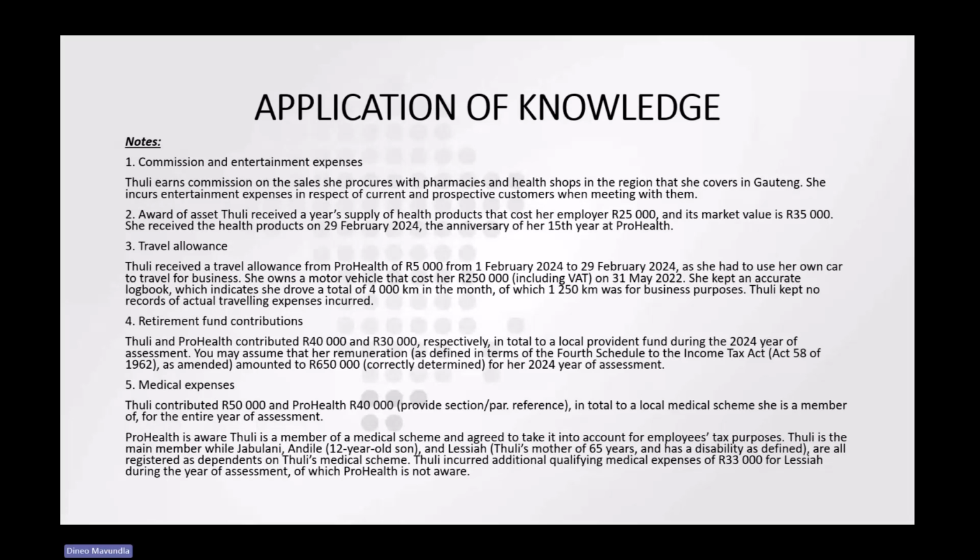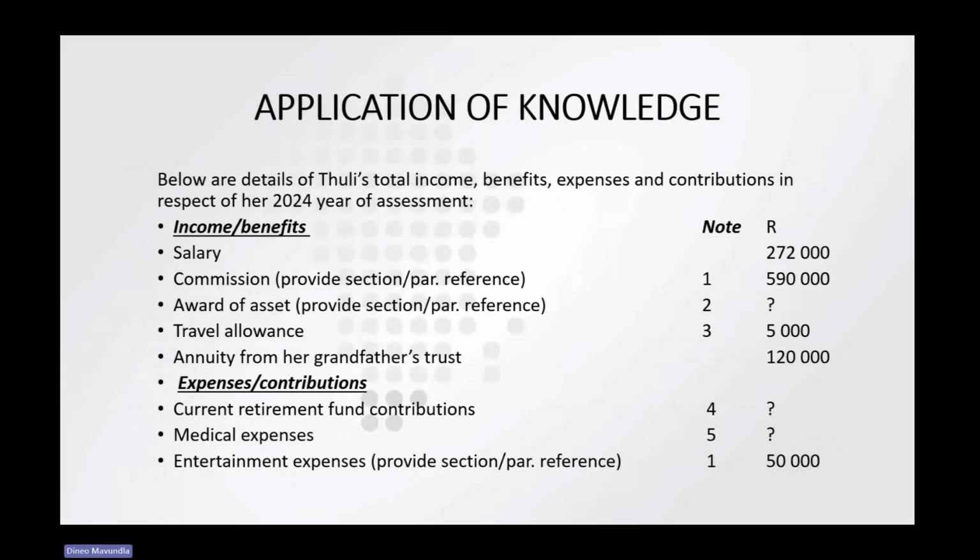So we would use the 70,000 as our contribution for the year, and then do our limitation in terms of Section 11 cap F between the 350 or the 27.5% of remuneration, or 27.5% of our taxable income. Okay. So that one is something that we already know how to do. It's not a new concept. It's the same thing. Then they tell us she also had medical expenses.